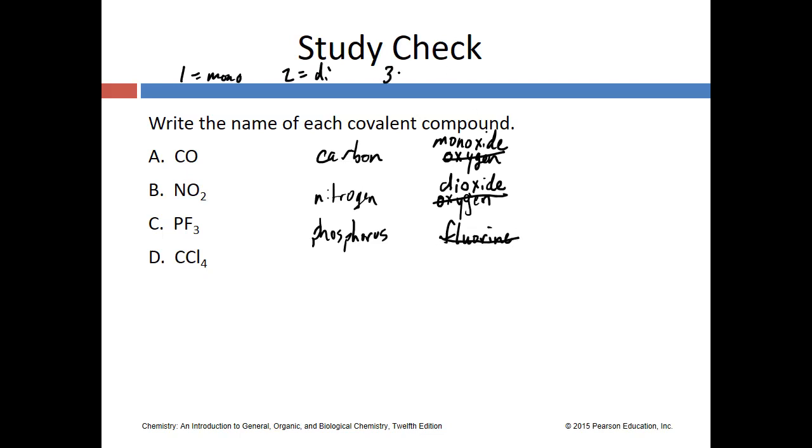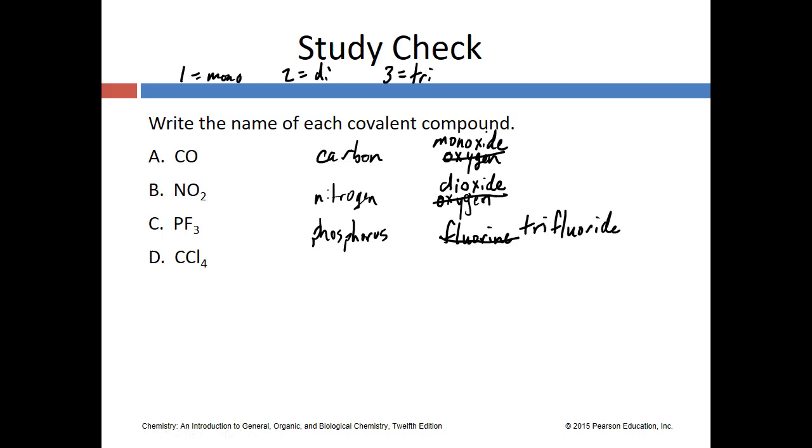I've got three of them. Prefix for three is tri. And I'm going to change fluorine to fluoride. So this would be trifluoride. And so the name of PF3 is phosphorus trifluoride.